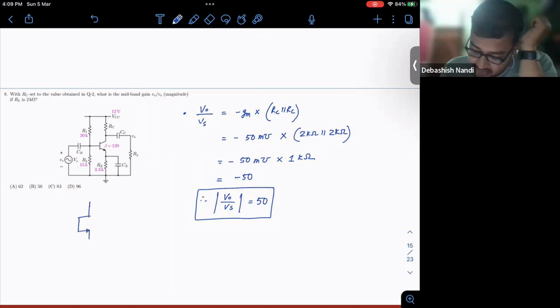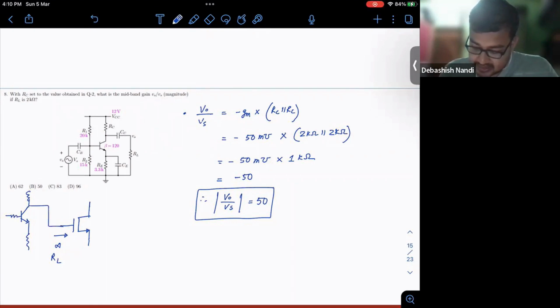Say I have a MOSFET, whose input impedance is almost infinity. This is your common source amplifier, and you are connecting it like this with a coupling capacitor. If this is infinity, then the gain of this stage is better.